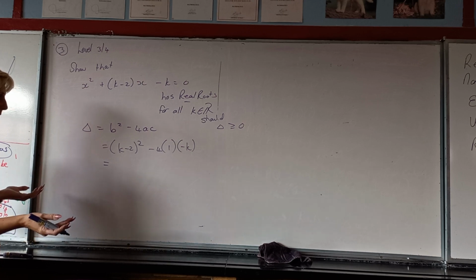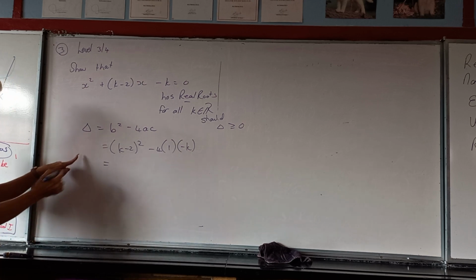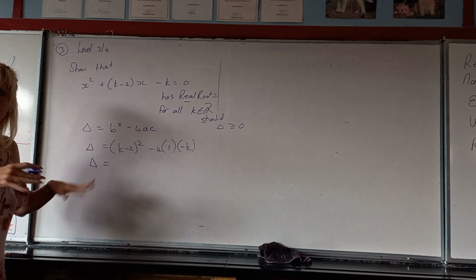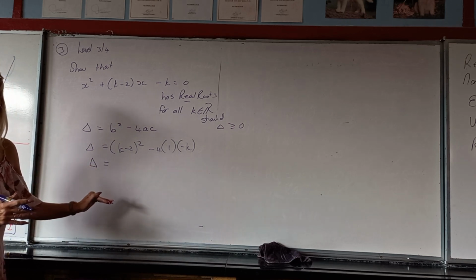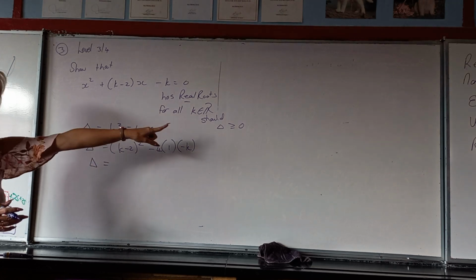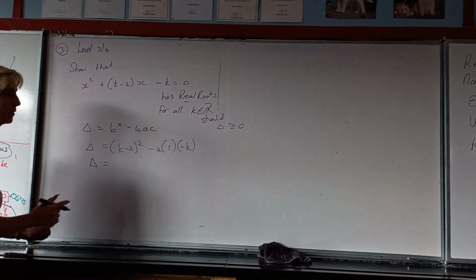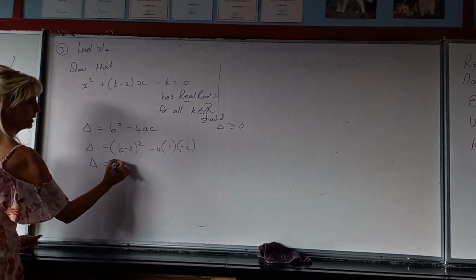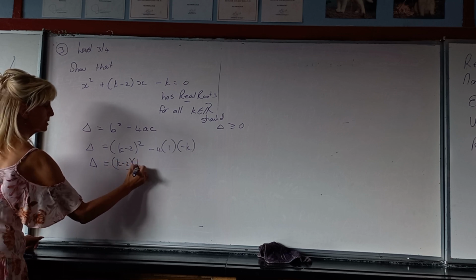Now what? Because it's not an equation. This is the discriminant. It's not an equation. You can't go around trying to solve something. It's an expression. I want to look at this expression and determine whether it is bigger than or equal to 0. So we're going to have k minus 2 times k minus 2.